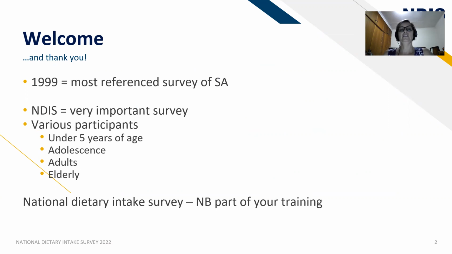And as you can see, this is a national dietary intake survey, so that is why it's very important that you complete this training well, and that we also collect our dietary intake data properly for this survey, as the purpose of the survey is to look at the dietary intake of South Africa.